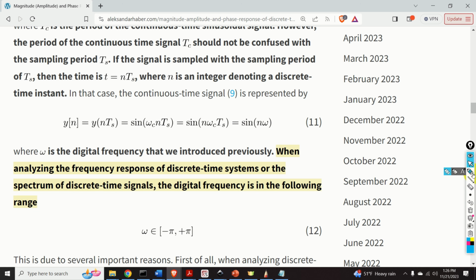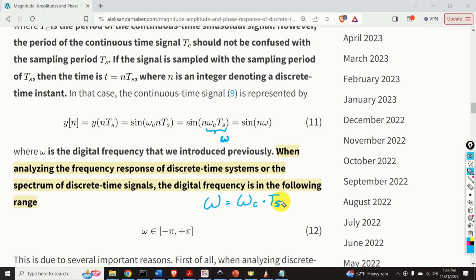Over here, this term, omega c multiplying Ts, is actually our digital frequency omega. That is, the digital frequency omega is equal to the continuous time frequency multiplying Ts, where Ts is the sampling period.